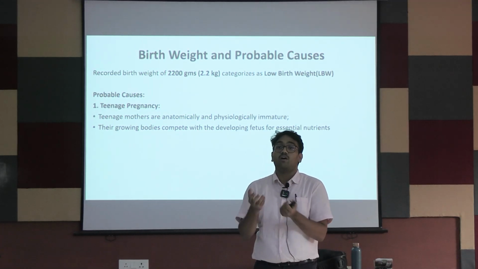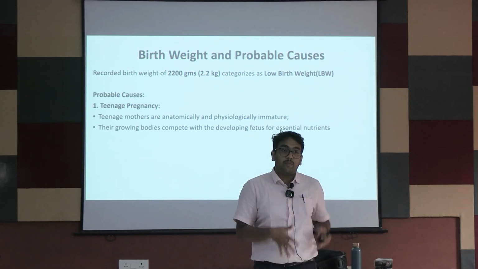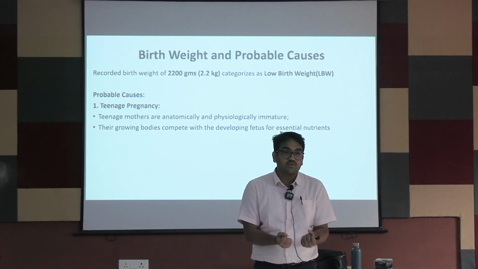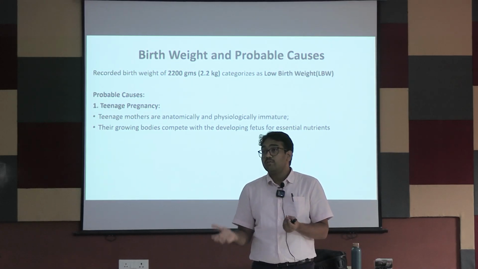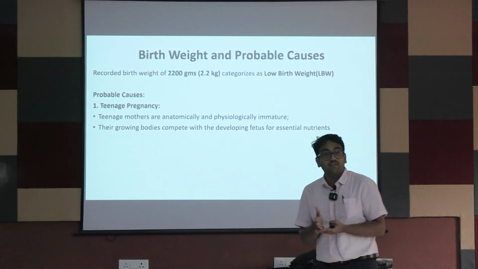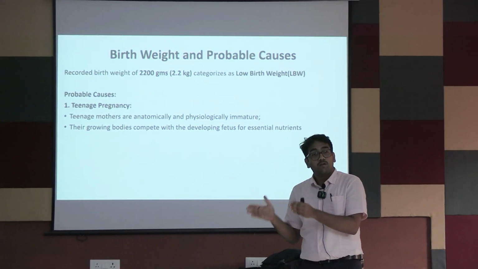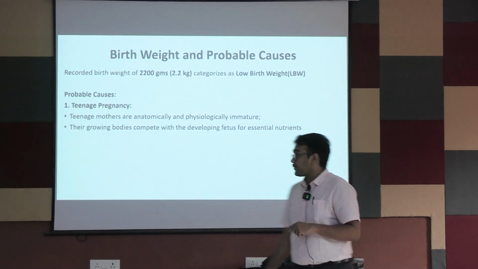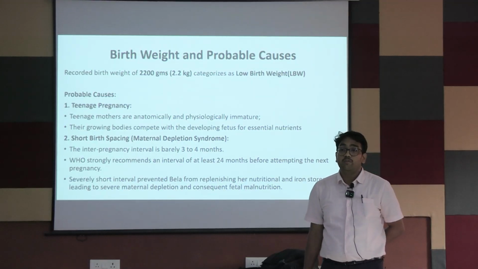Her own body has got nutritional demands. So if there is another parasite developing within her that is consuming nutrients, how will her own body develop? So during teenage pregnancies, there is always a competition for nutrients between the fetus and the maternal body, and that leads to complications like low birth weight. Next, here no spacing, isn't it?